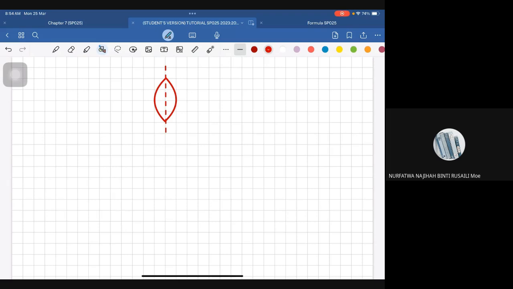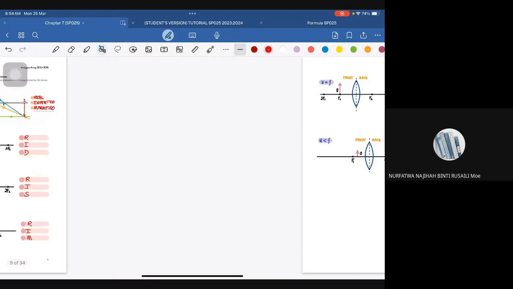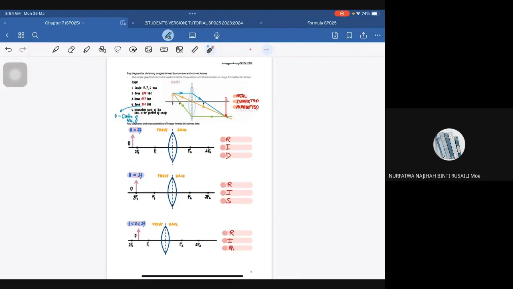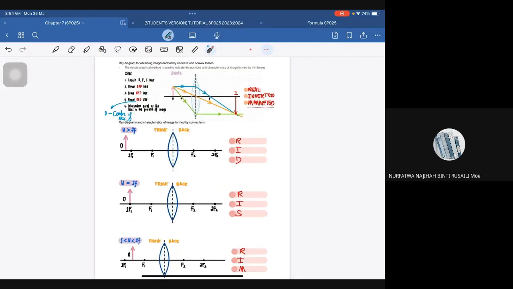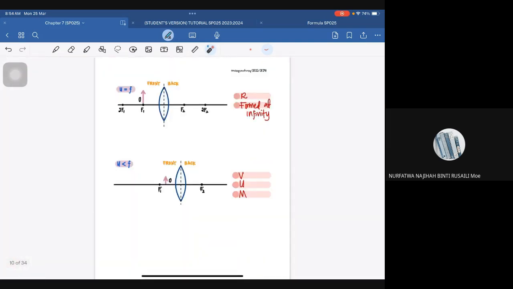Okay, dia bagi tahu ada satu objek which is 5 cm from the lens. Lepas tu dia bagi tahu image yang form tu is a virtual image. So, kalau kita tengok kita punya nota pun, bila image tu virtual, kita ada satu je. This one.